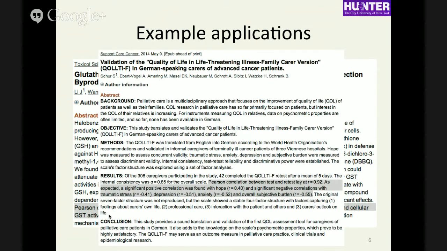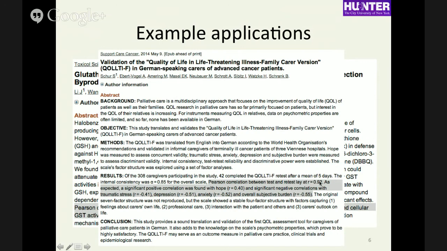They're things that are being measured, both with the drinking water disinfection and the result on cellular activity. Here's another one: validation of the quality of life in life-threatening illness, family care version, in German-speaking carers of advanced cancer patients. So the point here is that it's got a wide variety of applications, but what's the result here? Pearson correlation between test and retest lay at 0.92.